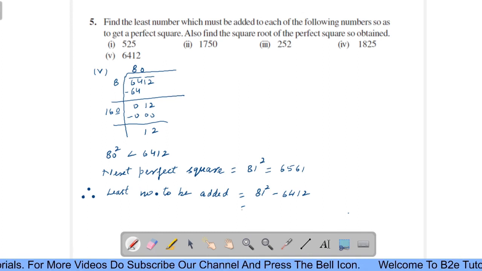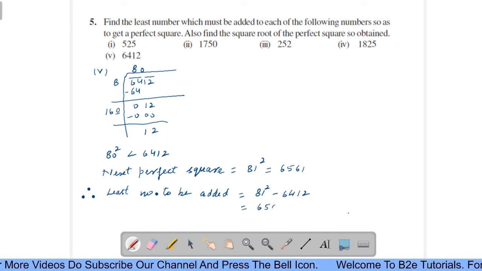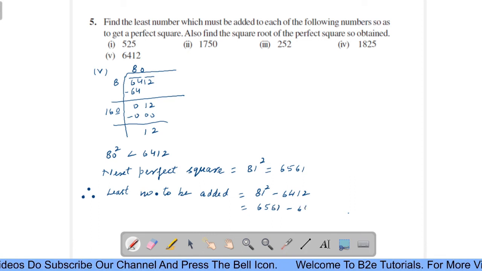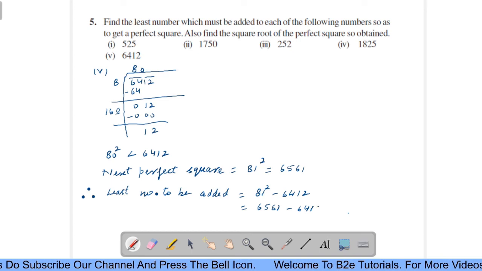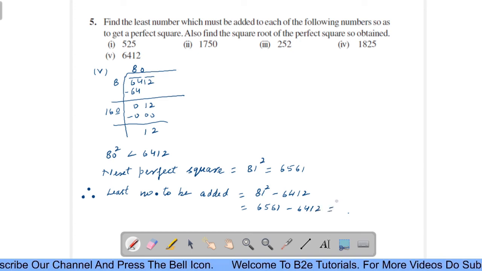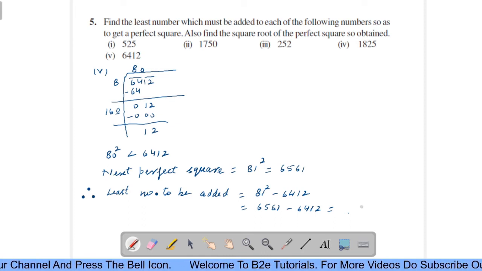What is the square of 81? It is 6561 minus 6412. Subtract it. What will you get? 149.